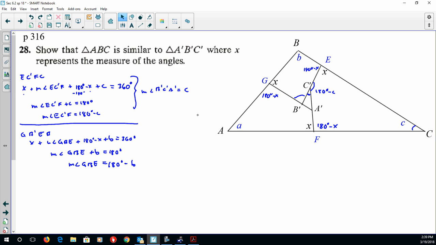It's kind of small. It's this angle, so that angle is going to be B right there. So the measure of angle C prime, B prime, A prime is B.